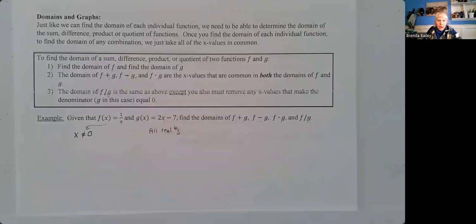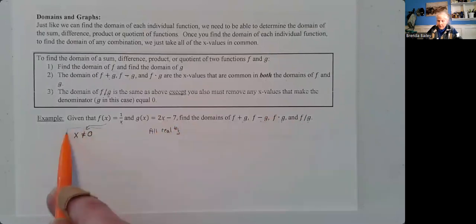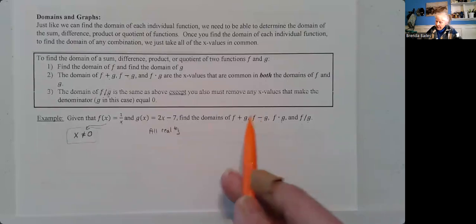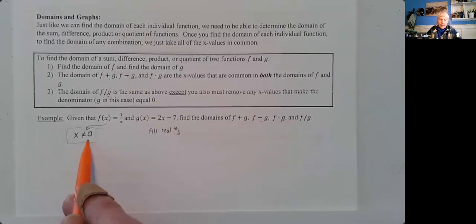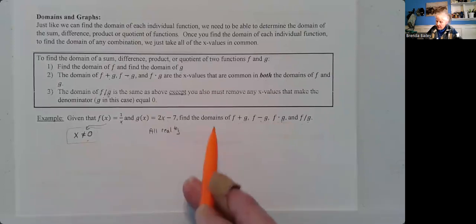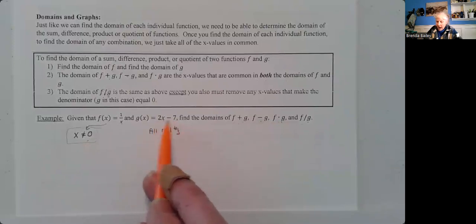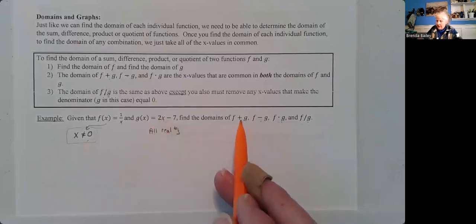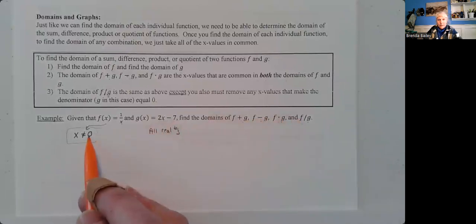So when we go to look at these individually, what do we use? We use this one right here for all of those. Because f appears in all of these, x cannot be 0. This one, g, does not limit any of these domains, but f does.